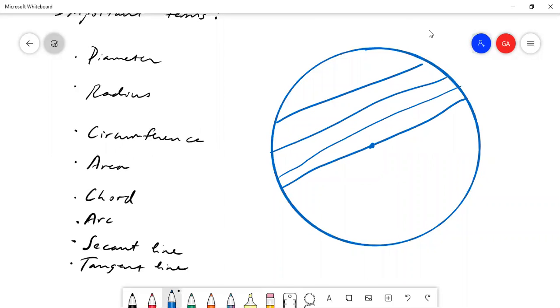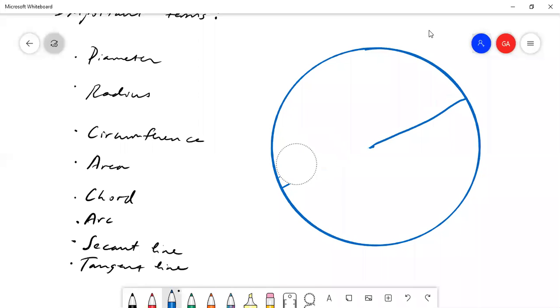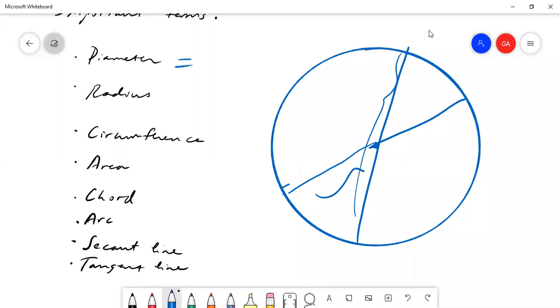And how many diameters are there of a circle? One. How about infinite? Yeah, you're right that the diameter is just one value, so this length is equal to this length, but I can draw the diameter an infinite number of ways.